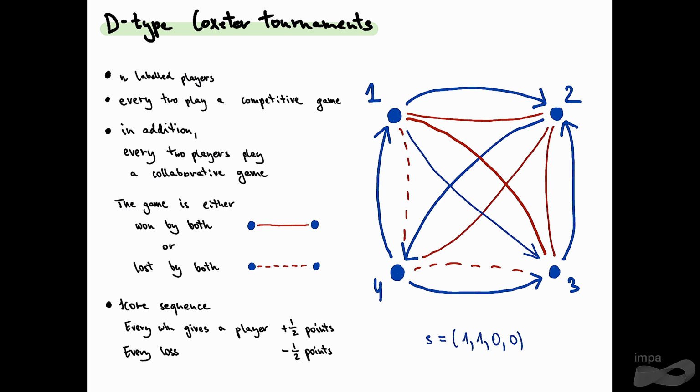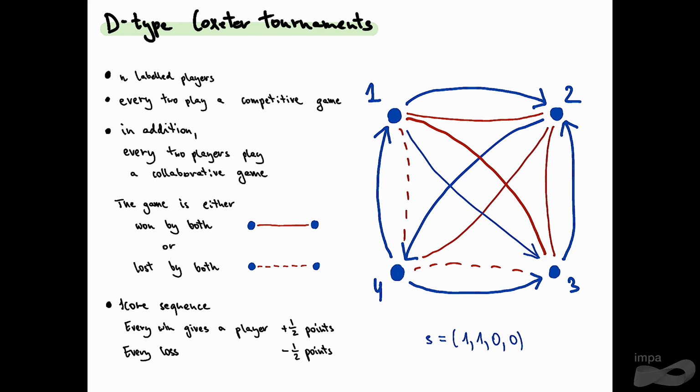And now I'll forget about the win sequences. I'll just care about score sequences. It turns out maybe this shifted version is a better statistic to care about. Now every win will give you plus half a point, and every loss will give you minus half. So let's study one score in our graph.